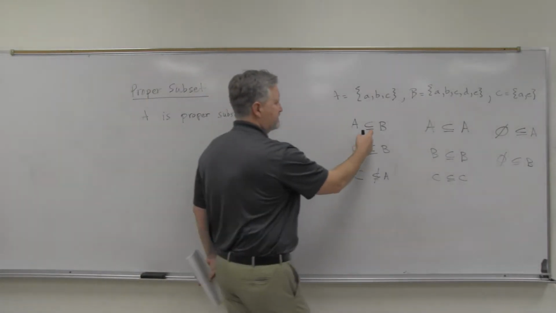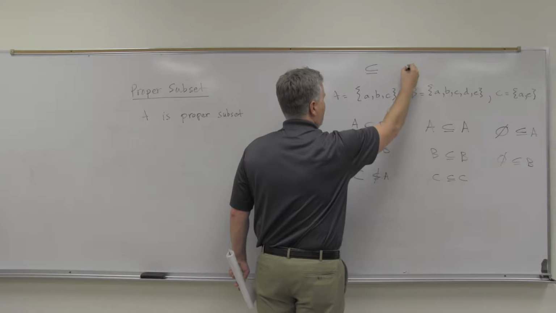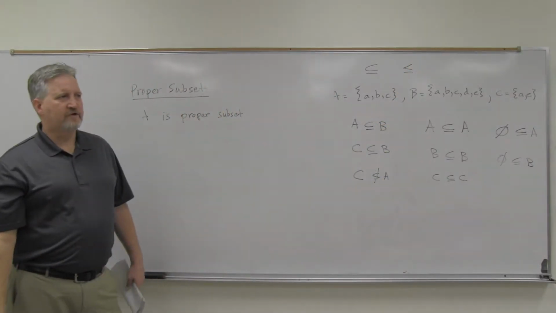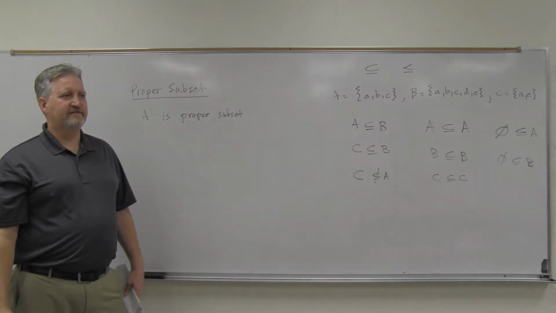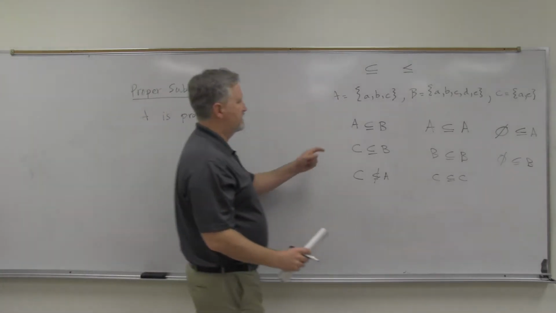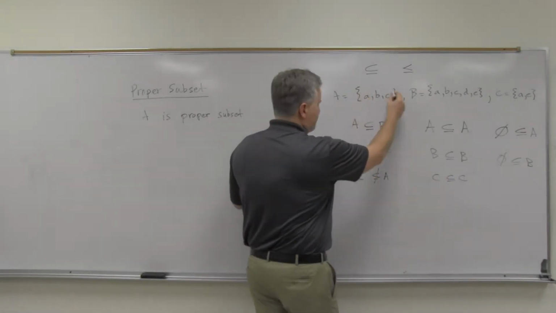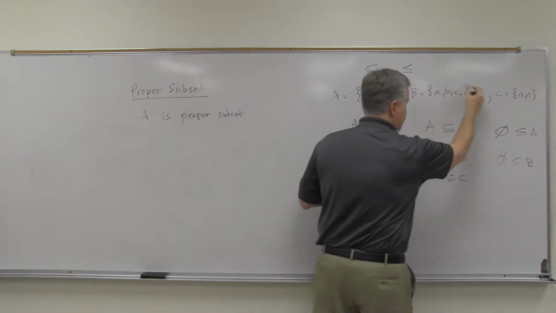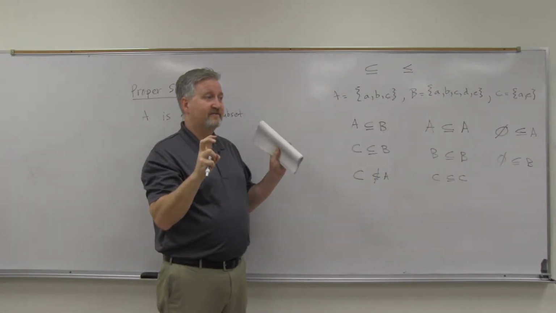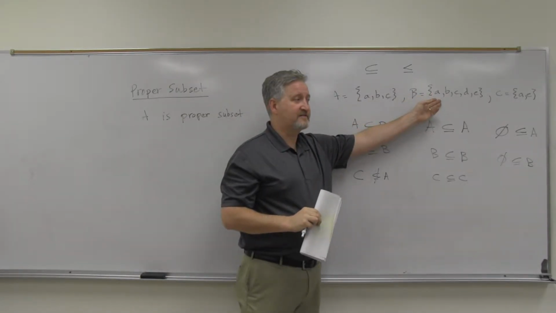Does this subset symbol remind you of something? Sort of looks like the less than or equal to, doesn't it? Well, in a way, that's sort of what we're looking at, because notice here, A is a subset of B, so we've got A, it's less, right? It's less than B, right? So that would be the less than side of this.